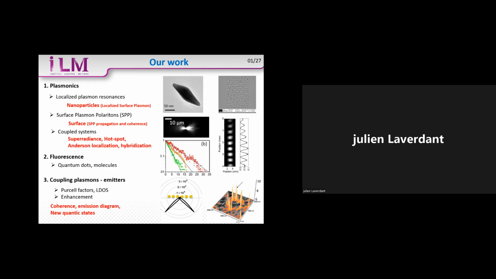And the last part, which is why we are doing all this work, is to couple the two: a nanoparticle with molecules, in order to manipulate the fluorescence, for example to control the direction, enhance the emission or quantum yield, or reduce or increase the lifetime as we want.